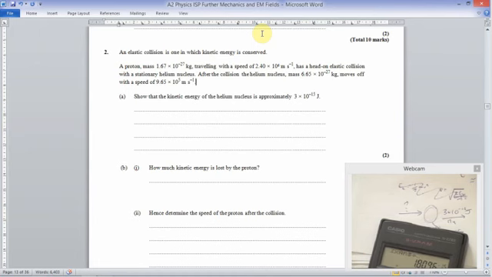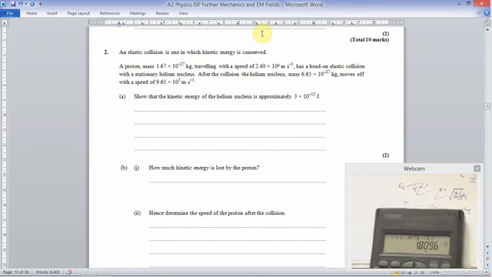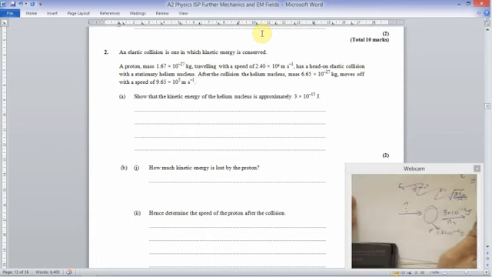Let's do that again. 2 times answer, close bracket, divided by the mass of this proton, which is remaining unchanged, 1.67 times 10 to the minus 27. Okay, and I want the square root of that. Okay, so about 1.5 times 10 to the 6. Okay, so if you look at the mark scheme, that should be about the right answer.